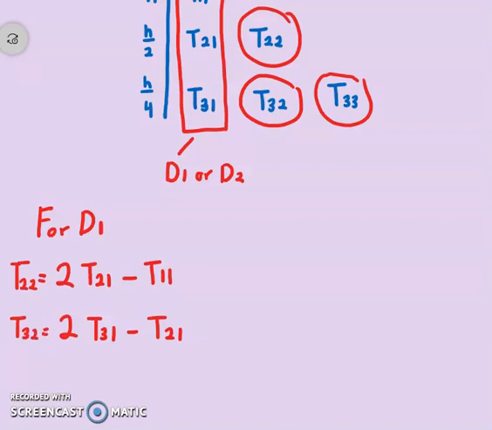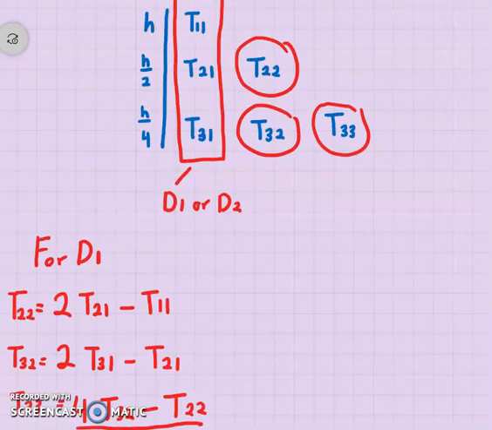To find T33, if I'm using D1, I will have 2 to the power of the order, which is 1. So this is 2 to the power of 1. So I have 4 times T32 that we have obtained here, minus T22, divided by 3.